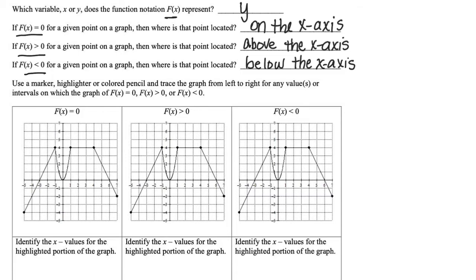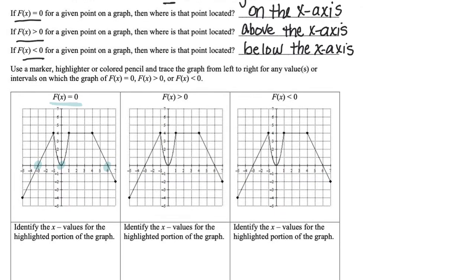So for the very first one, f of x equals 0, where would we be on our function if f of x equals 0? Well, we would be either here, here, or here. And notice at the bottom it says to identify the x values.